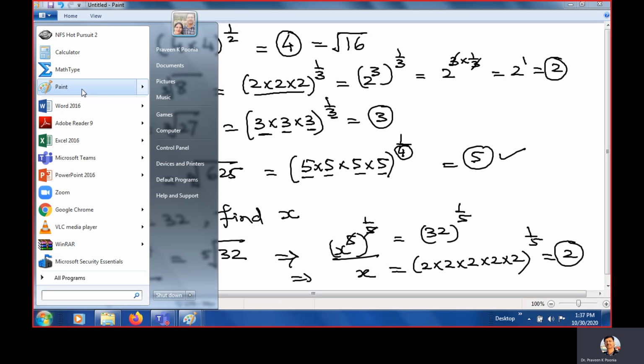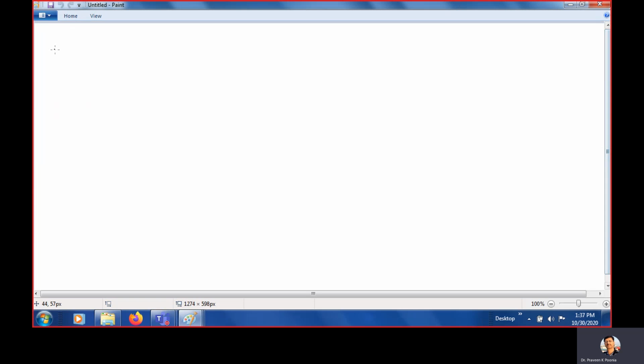Now, one more question I will write here. Example: say x power 4 is equal to 81. What is the value of x? So look, what is written here? Fourth.